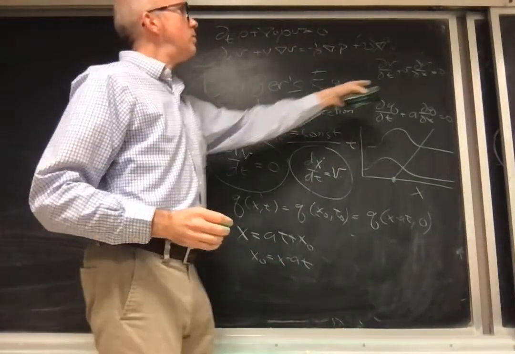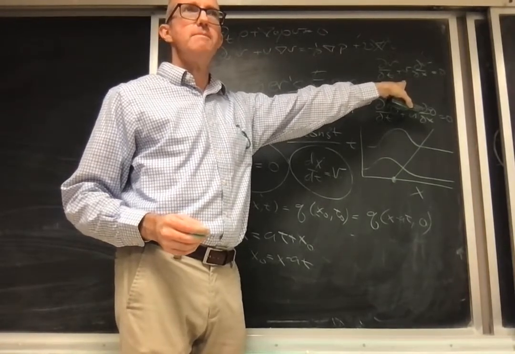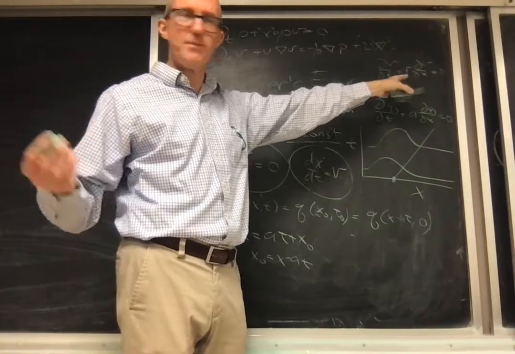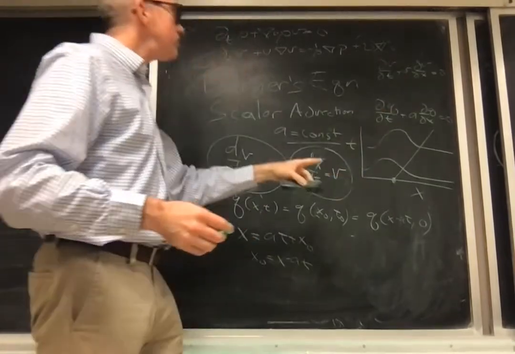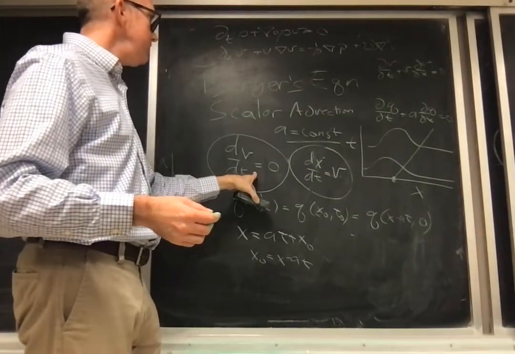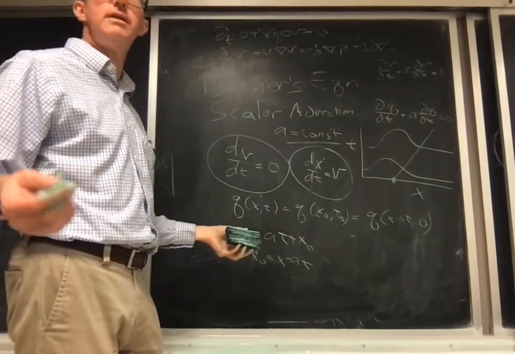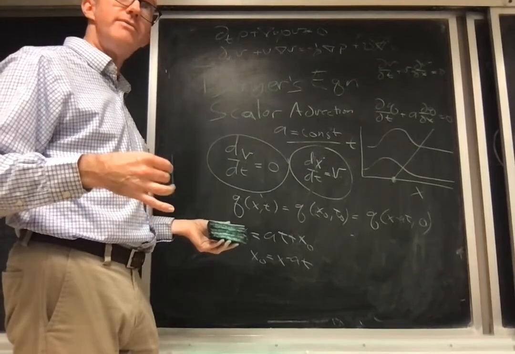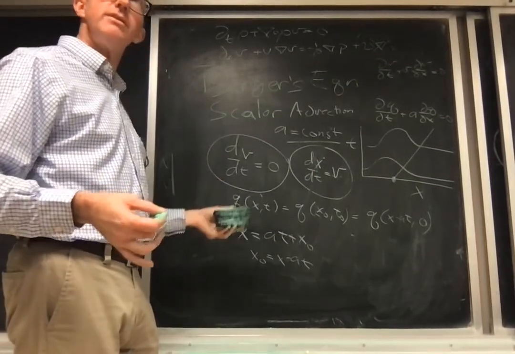If I do the same thing with Burgers' equation, which is the thing that people like to use to make turbulence, everything I said is the same. So dv/dt is 0, along dx/dt equals v. v is a function of space and time, but the full derivative is 0.